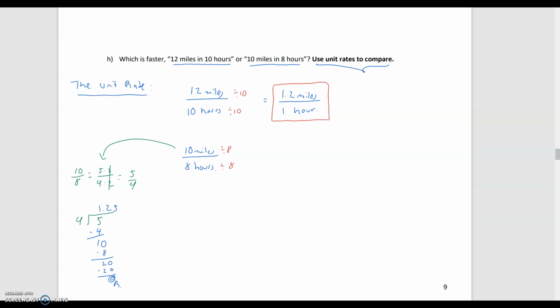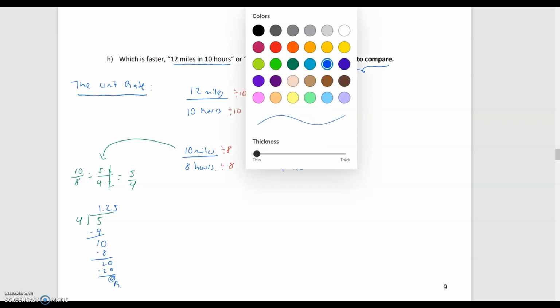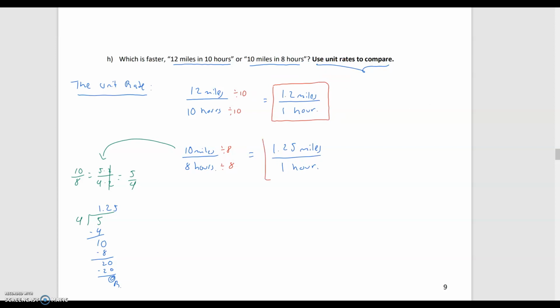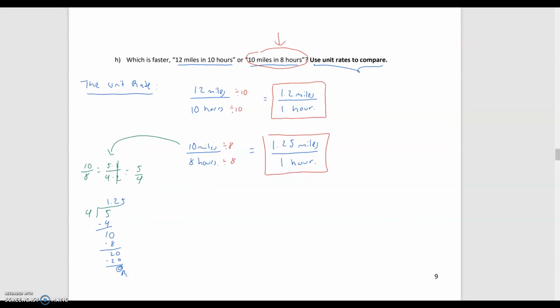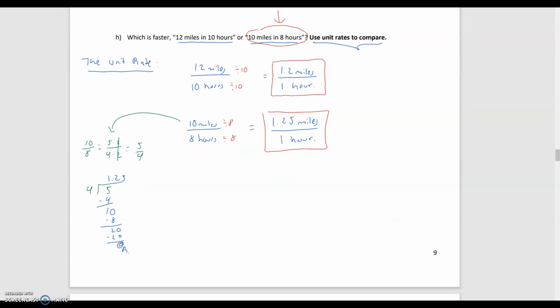So in this given situation, we're looking at 1.25 miles per 1 hour. So this will be the unit rate, which we're referring to for the second quantity. That's what gave us the 1.25. So it's just a little, but it's still faster.